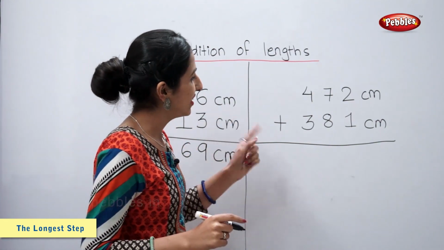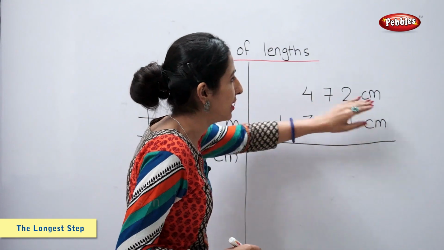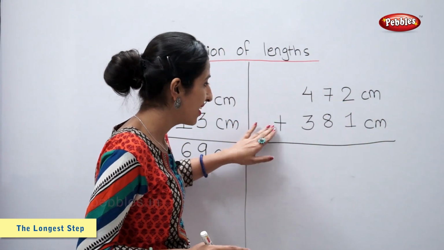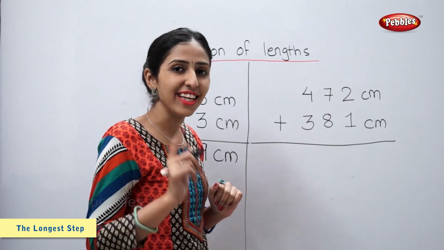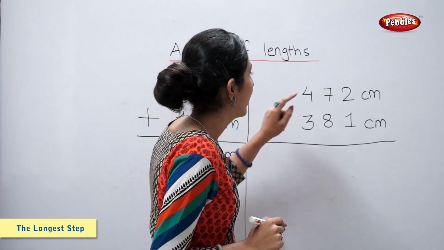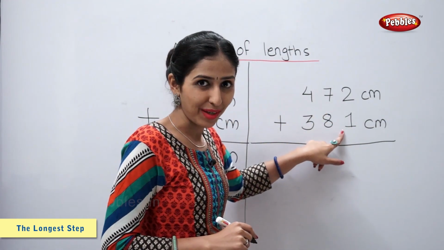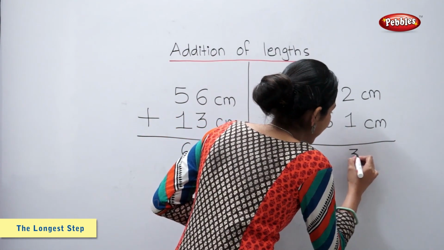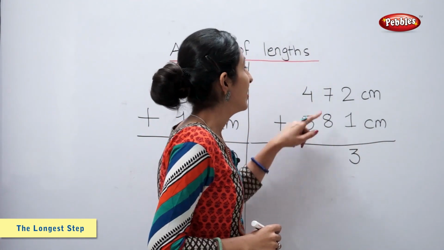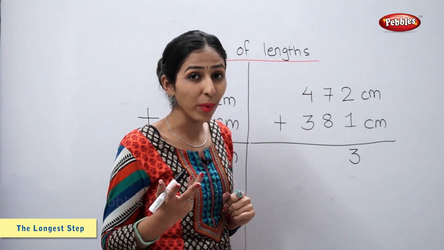Let's solve this example. 472 centimeters plus 381 centimeters. Let's solve. 2 plus 1 is equal to 3. 7 plus 8 is equal to how much?